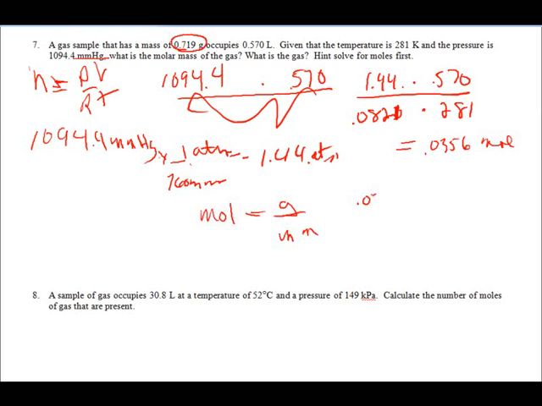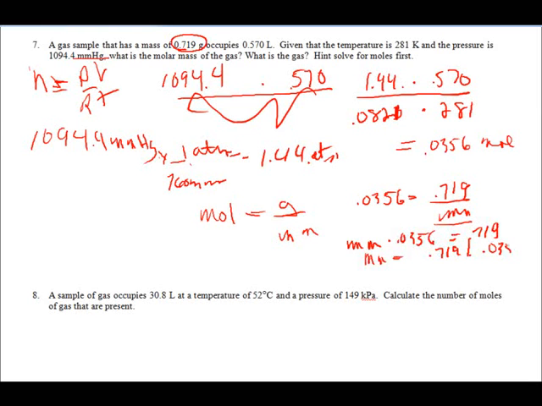So 0.0356 is equal to 0.719 divided by molar mass. So molar mass times 0.0356 equals 0.719, or molar mass is equal to 0.719 divided by 0.0356.